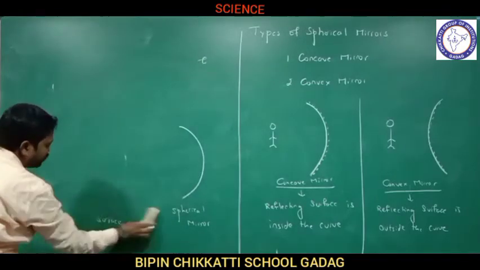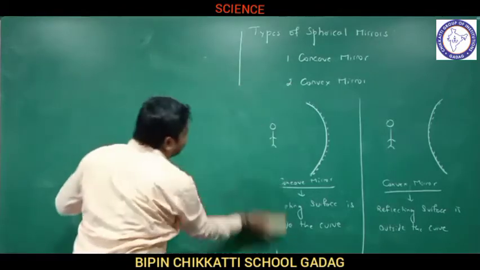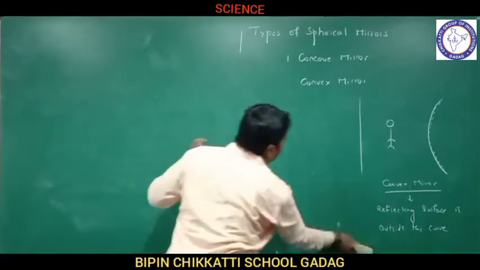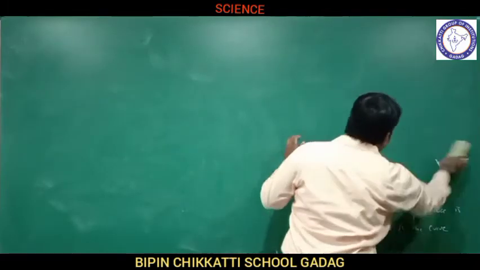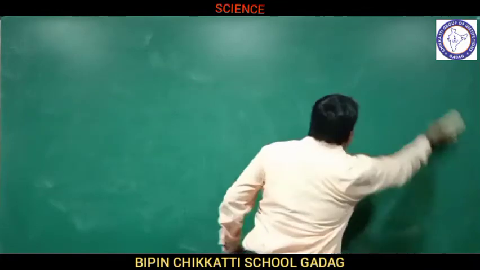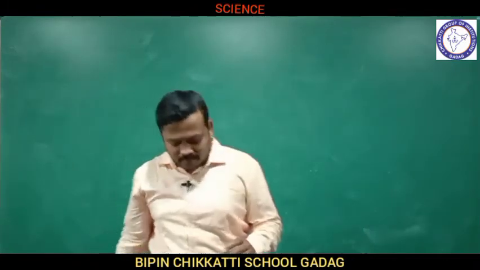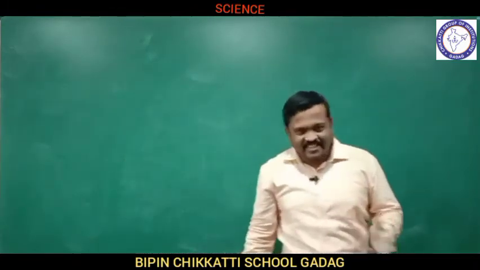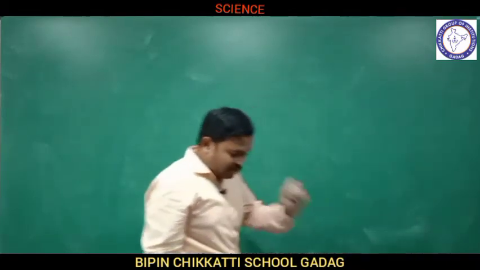There are two types of spherical mirrors, concave mirror and convex mirror. Okay, till now we discussed three mirrors. One is the plane mirror and the other two are the spherical mirrors, concave and convex. Before we go to the image formed by spherical mirrors, let us understand the terms we use for spherical mirrors.